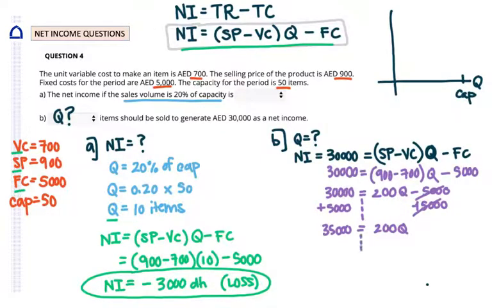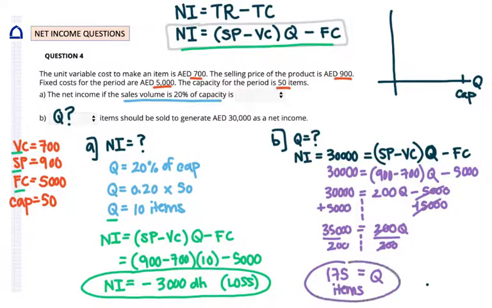And then to solve for Q, we will divide both sides by 200, and we will get that the quantity we must sell in order to make that big of a profit is 175 items. Now, you might notice from the question, they said our capacity is only 50. So in order to make that big profit of 30,000, we'll have to increase our capacity and sell 175 items.